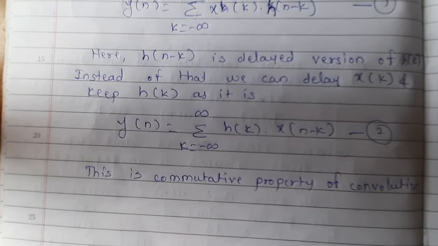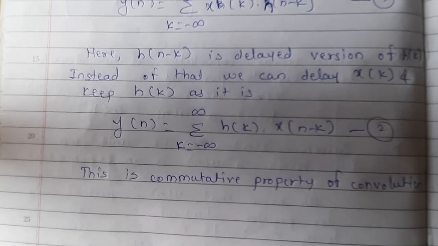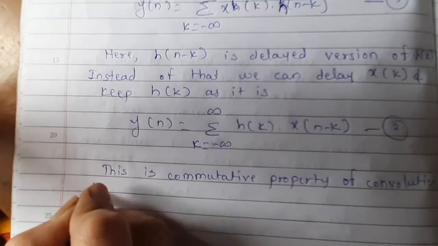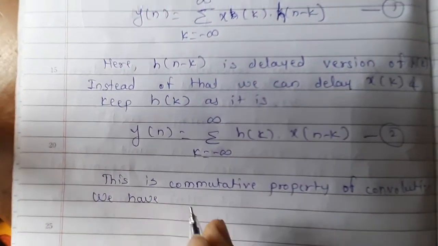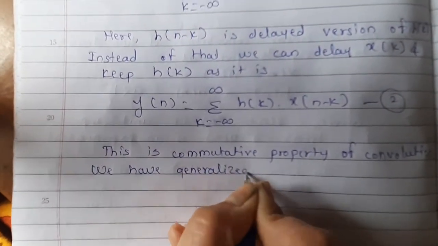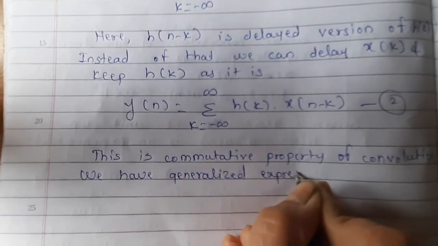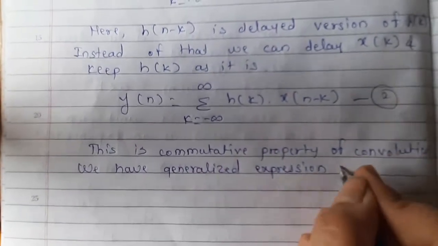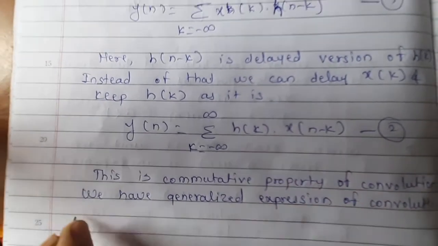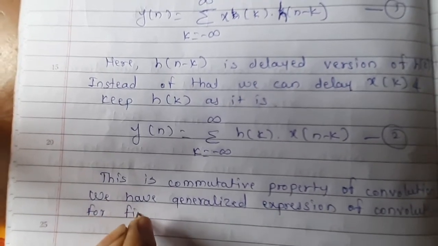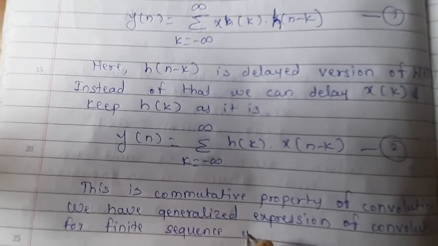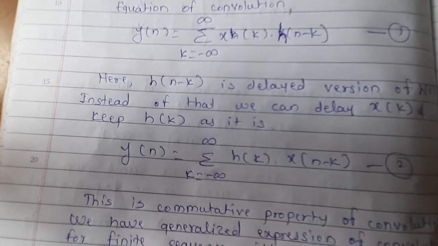Now we have the generalized expression of convolution for a finite sequence with an infinite sequence.